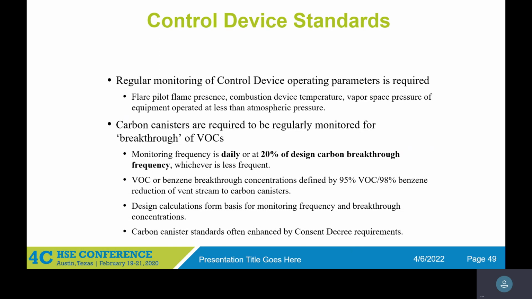So carbon canisters just require a little bit more, because you have to have the basis to show that you are destroying or absorbing 95% VOC or 98% benzene. And if you have a consent decree, you know that is much more stringent. They will put more requirements around those.